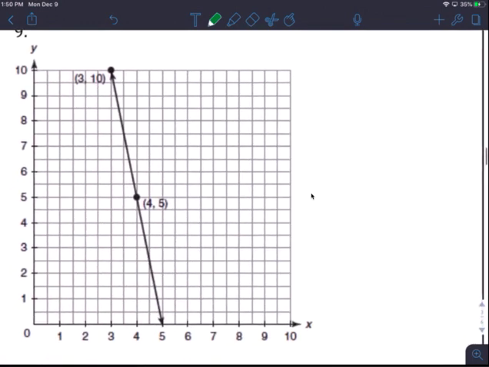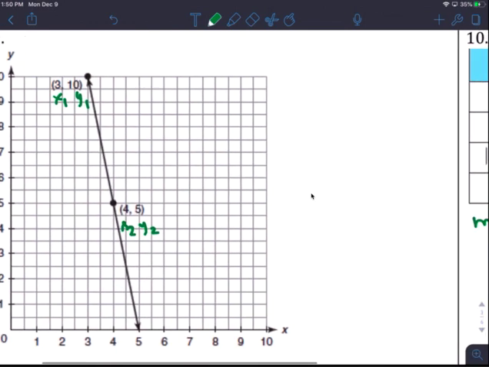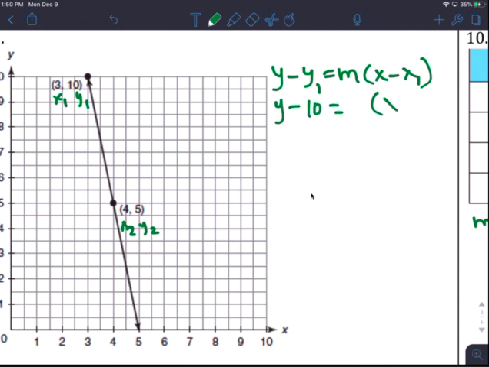Here, okay, x sub 1, y sub 1, x sub 2, y sub 2, right? y minus y sub 1 equals m parentheses x minus x sub 1. y minus y sub 1 is 10 equals m, we don't know, x minus 3.